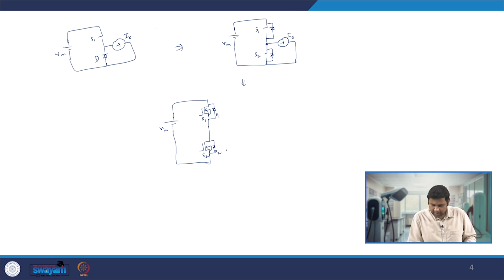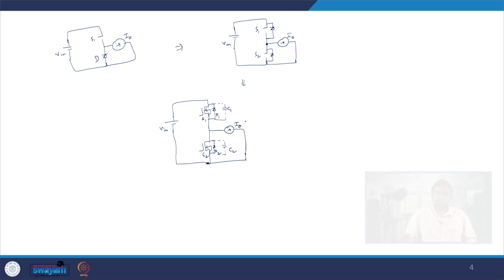Since we have MOSFETs, every MOSFET has a parasitic output capacitance, and let us define these as C1 and C2, and this is supplying the output current I naught to the load.